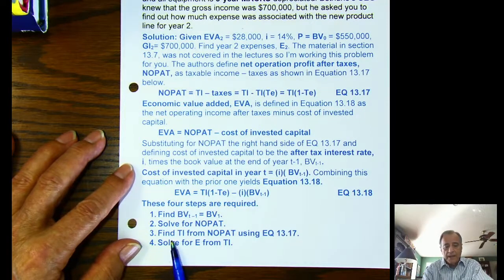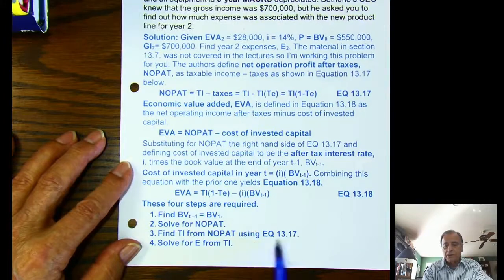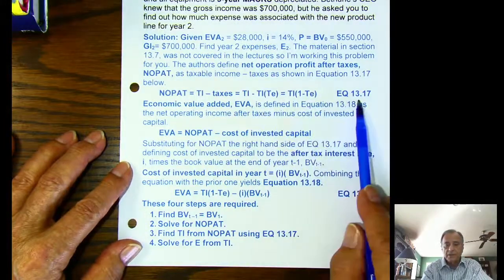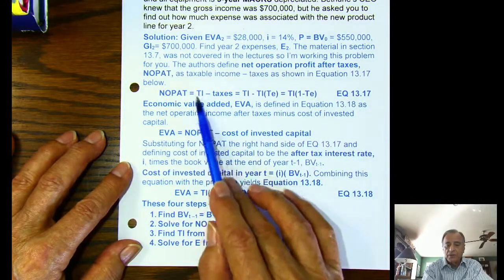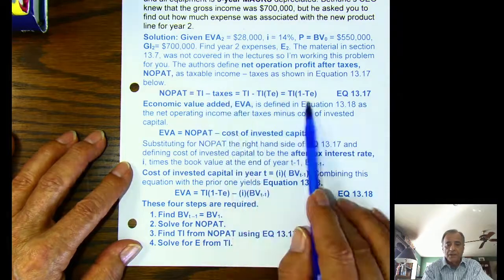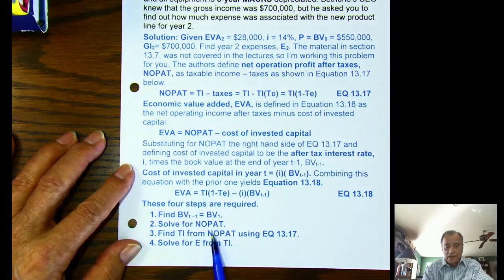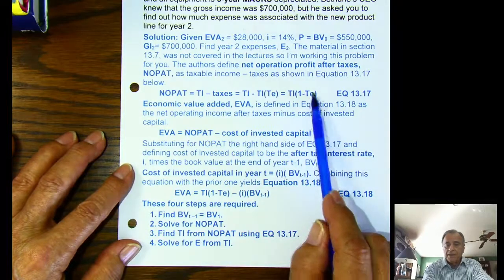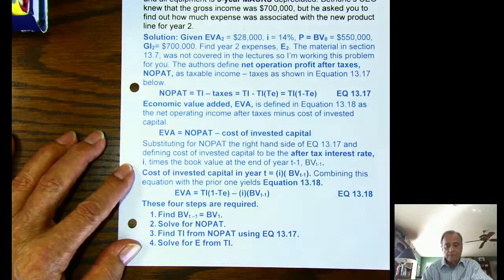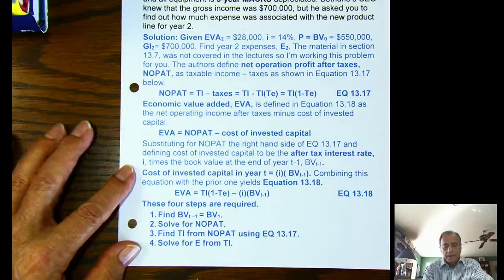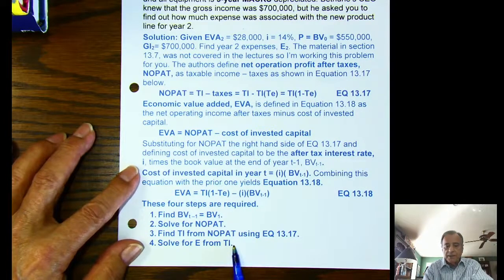And then I can find the taxable income from NOPAT using equation 13.17. So once I solve for NOPAT, I plug in here and I can get taxable income. And then solve for the expenses from the taxable income.